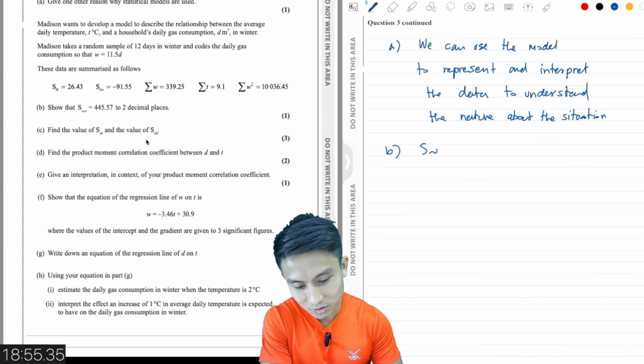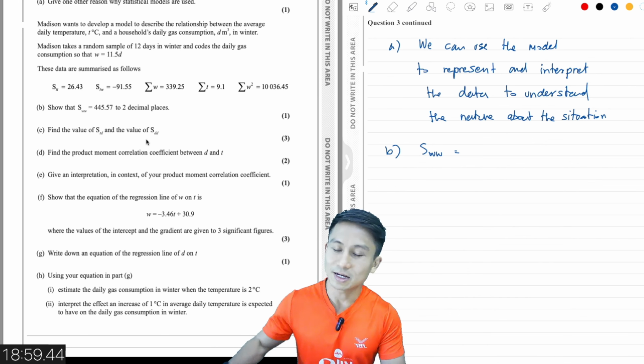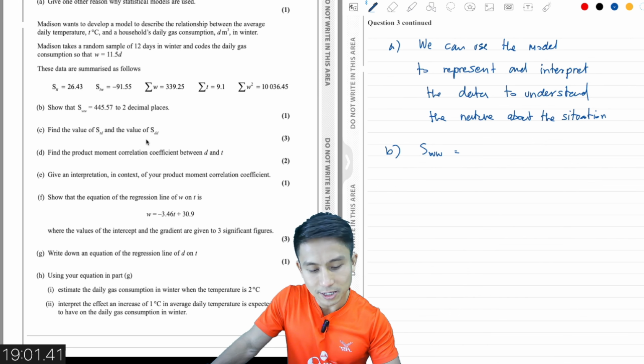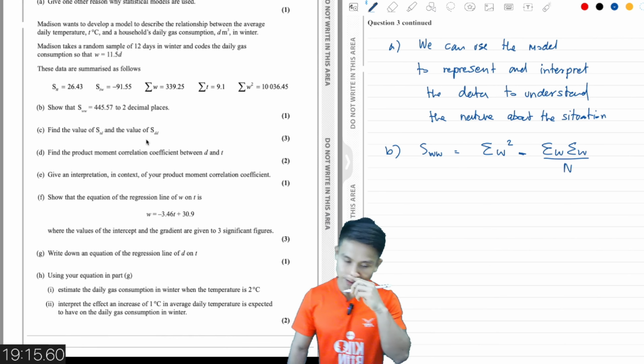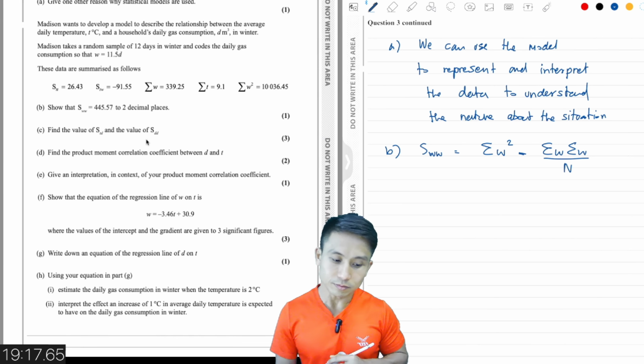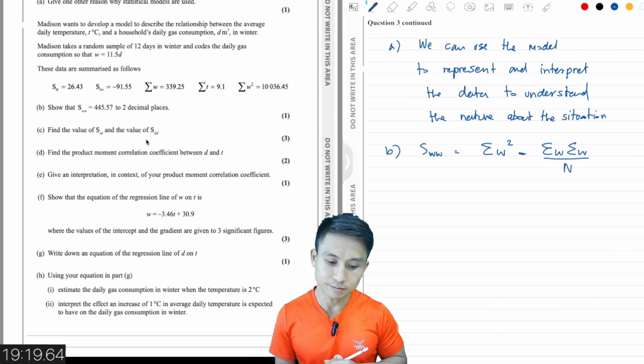So SWW is basically a spread here. It's going to be sigma w squared minus sigma w times sigma w divided by n, like that. Yeah, it should be.